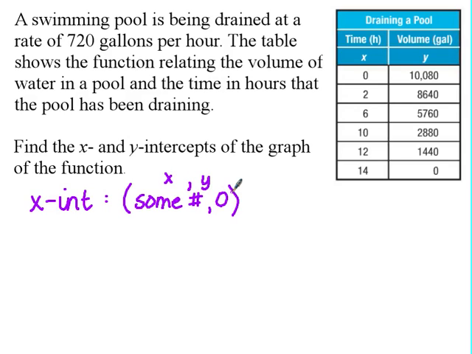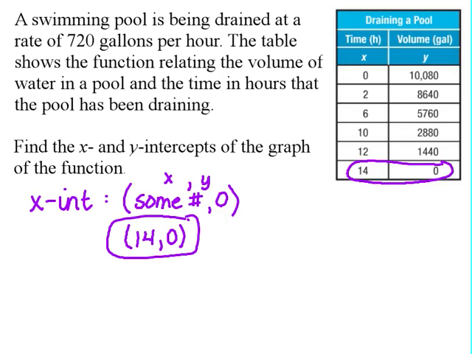So I knew that y was 0 for the x-intercept. If I look at this chart, where is y 0? What value of x occurs when y is 0? 14, right here. So your x-intercept is at the point 14, 0.